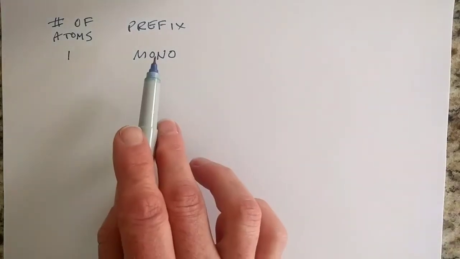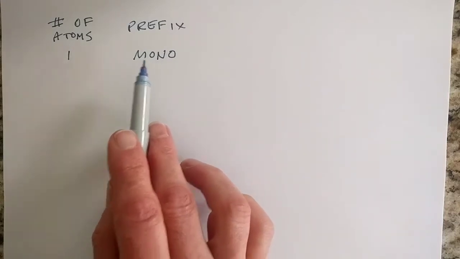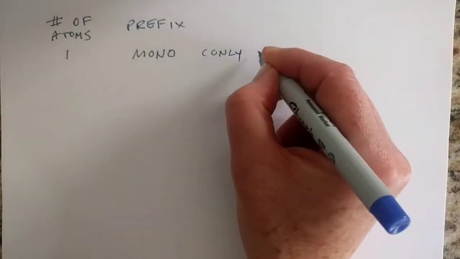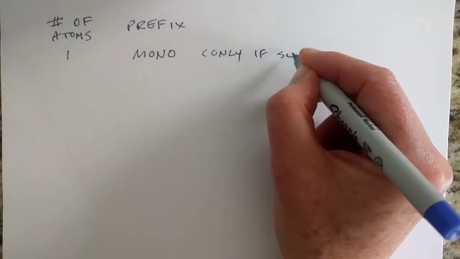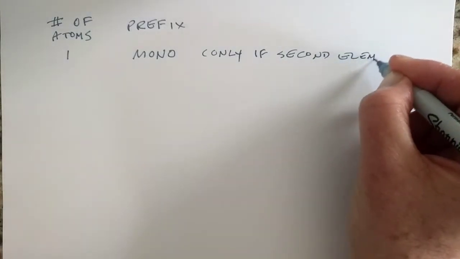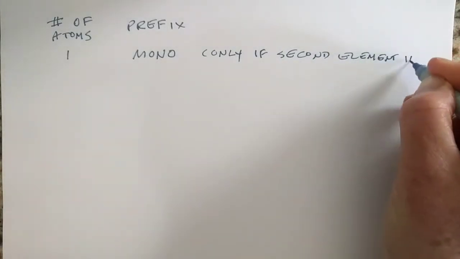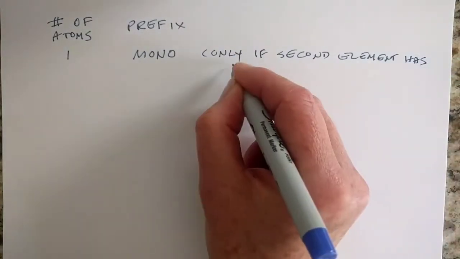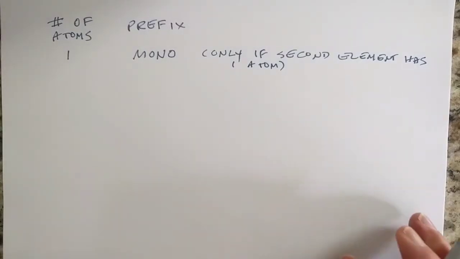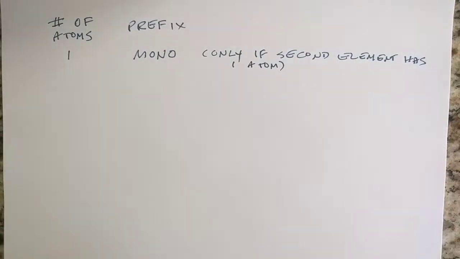We only use the prefix mono if the second element has one atom. If the first has one atom, we don't need to put anything. It's understood. And we'll see examples of that, and it's going to sound correct.